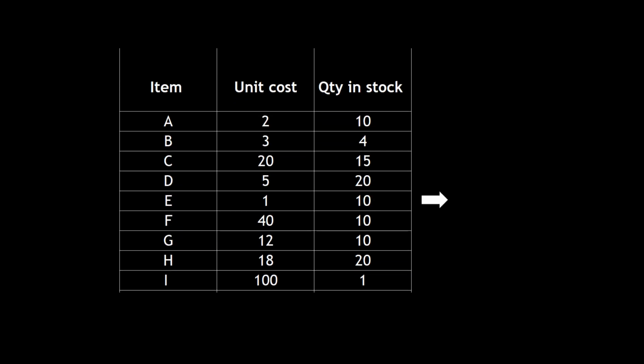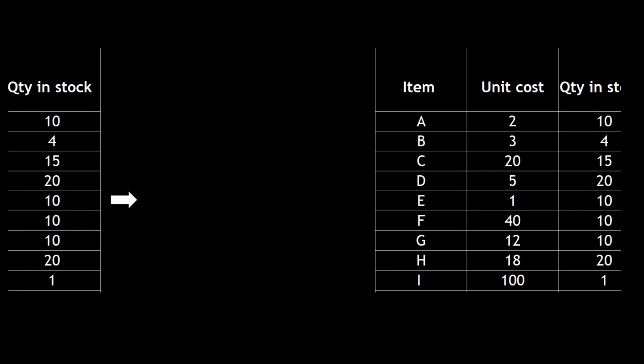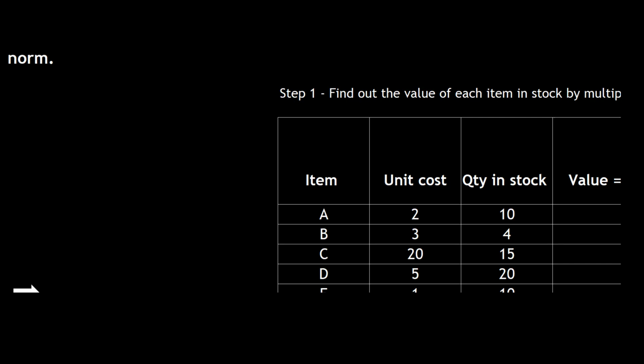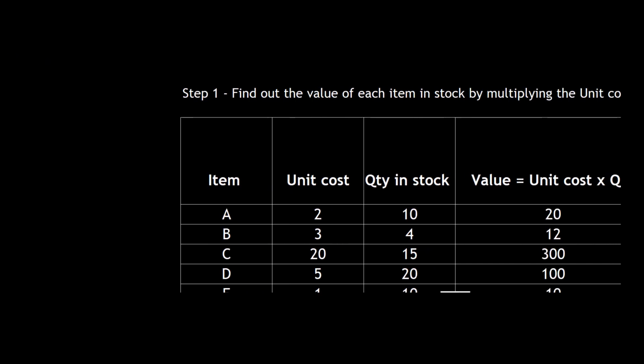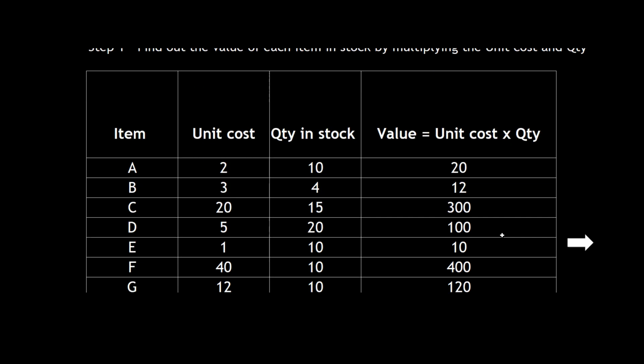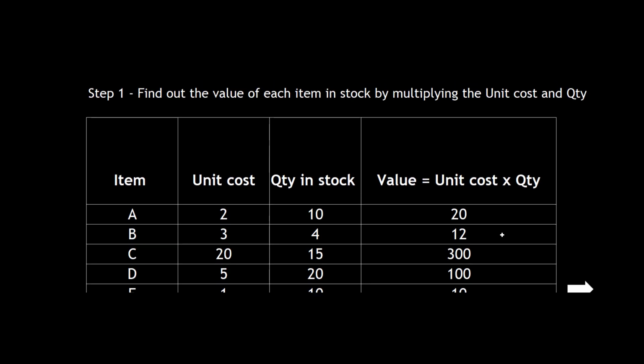The first step is to find out the total value of each item in the stock, and we arrive at the total value by multiplying the unit cost with the quantity in stock.